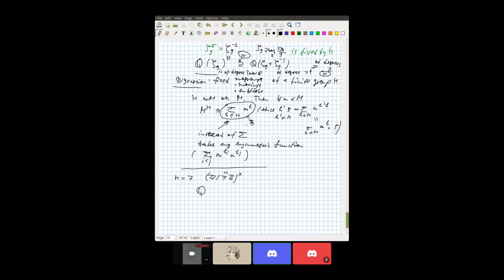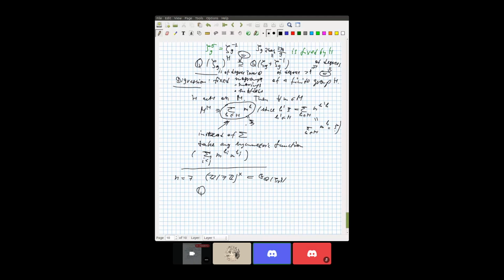The image of this group consists of 0 and 3. And what is this modulo these terms?